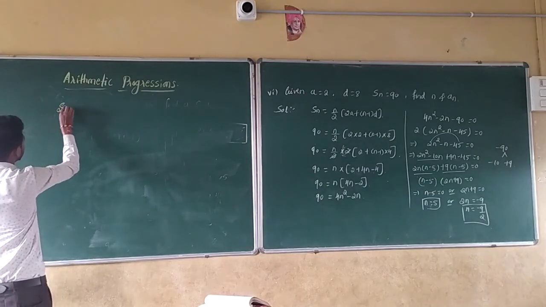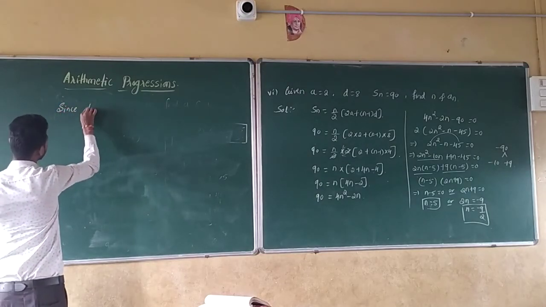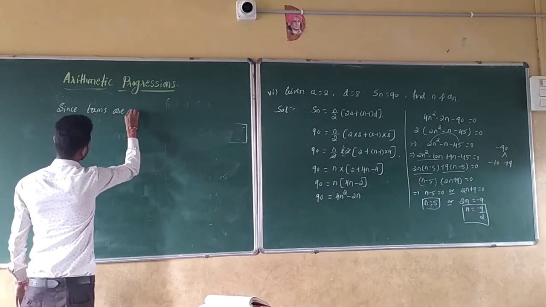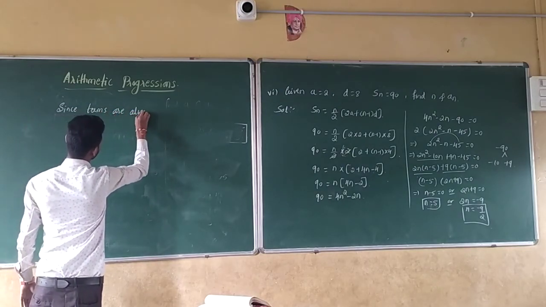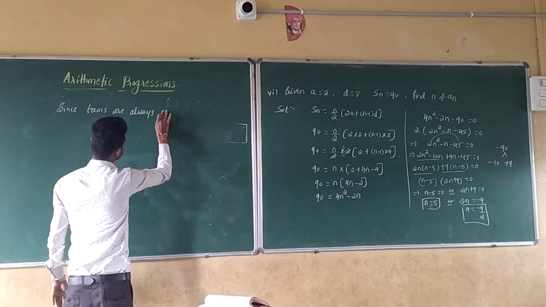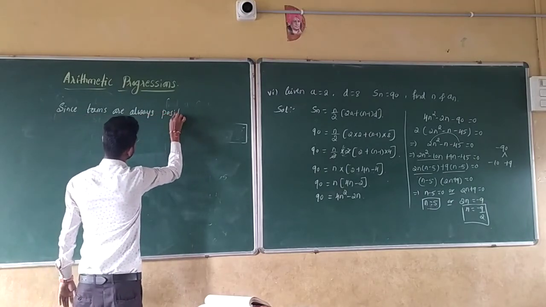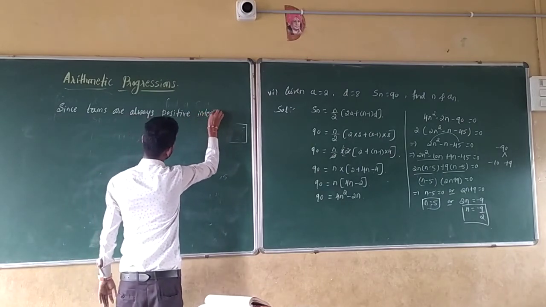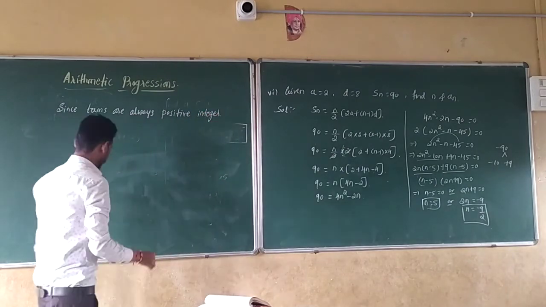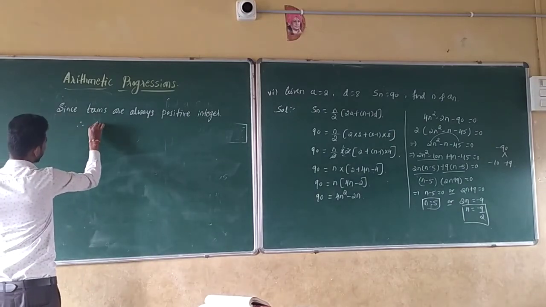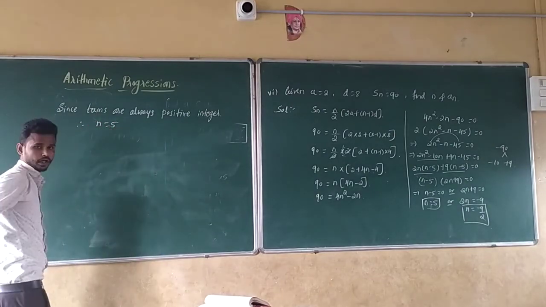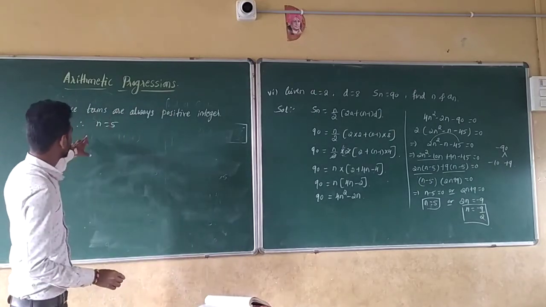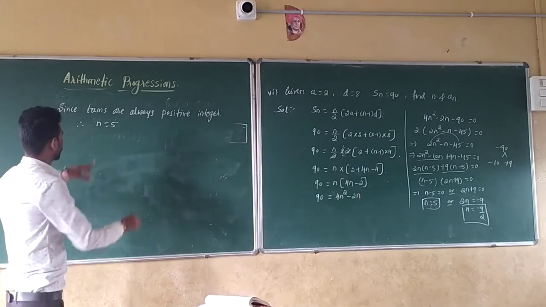Since terms are always positive integers, therefore n is equal to 5. It is the right answer. So n is equal to 5.